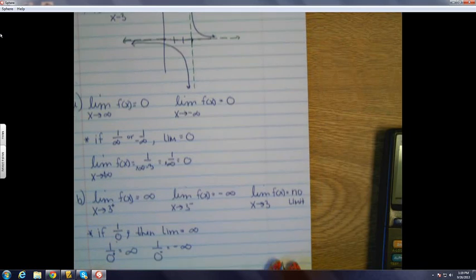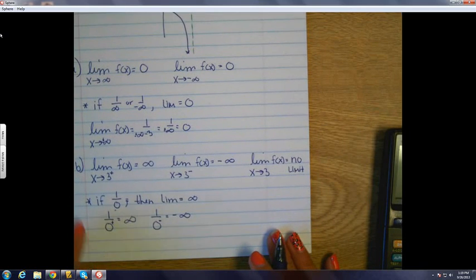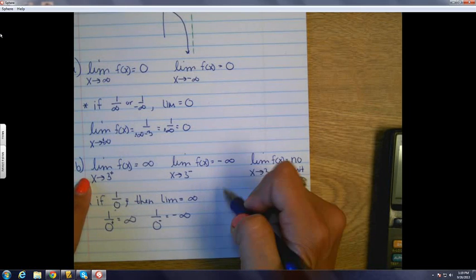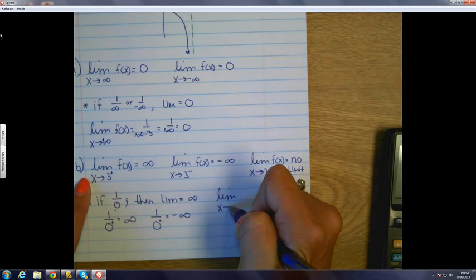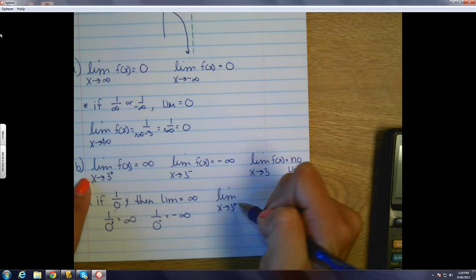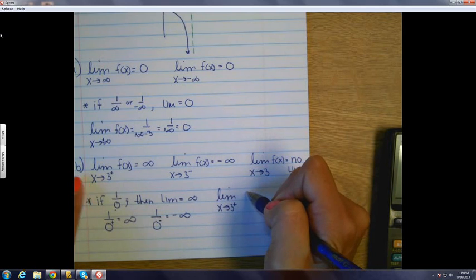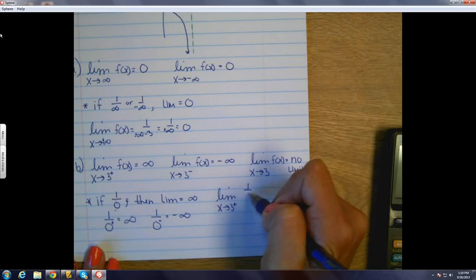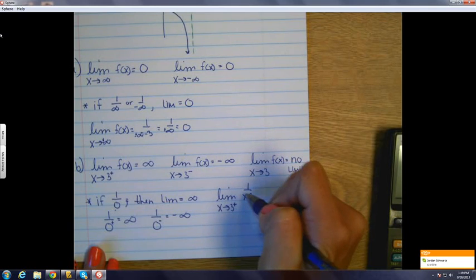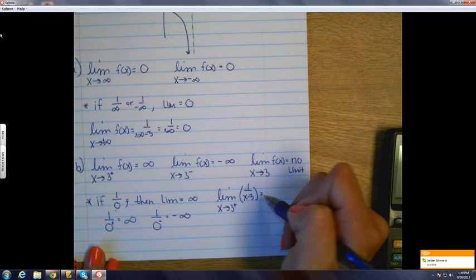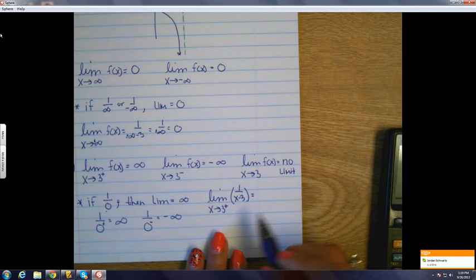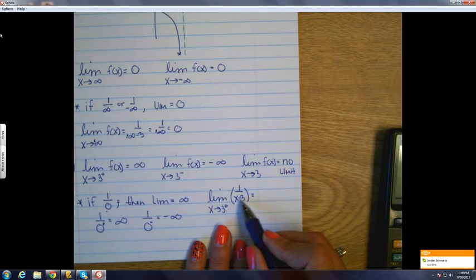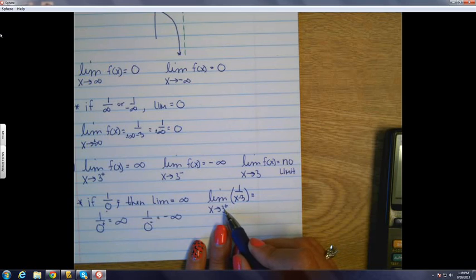So we will look at the 2 that we just did algebraically instead of looking at the graph. So the limit as x approaches 3 from the right, and I'm going to take the time to write the function down here because it's at the top of my page so we can see it. Okay, I'm putting in a 3. 3 minus 3 is going to give me 0. But I'm technically putting in numbers a little bit bigger than 3 because it's 3 from the right.